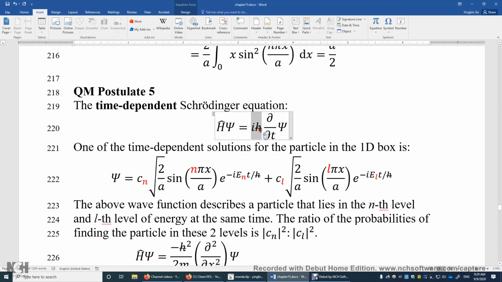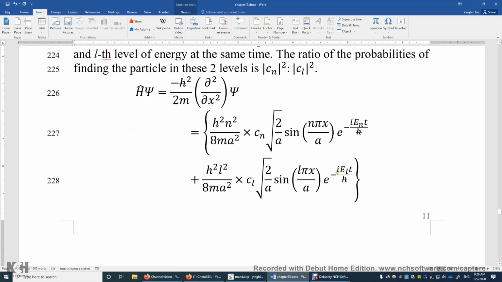and then you multiply this negative i E sub n over h bar by i h bar, h bar and h bar cancel. i times negative i is 1. I think you will just get E sub n, the energy of level n, multiplied by this term. Over here, you will get E sub L times this term.